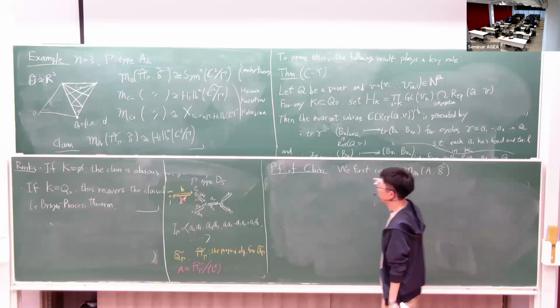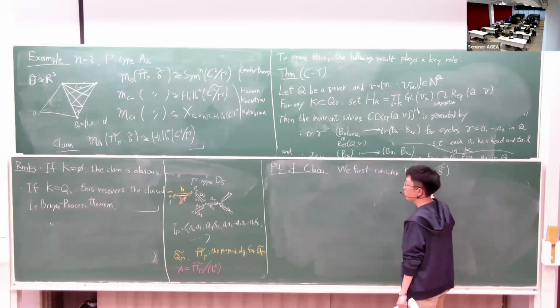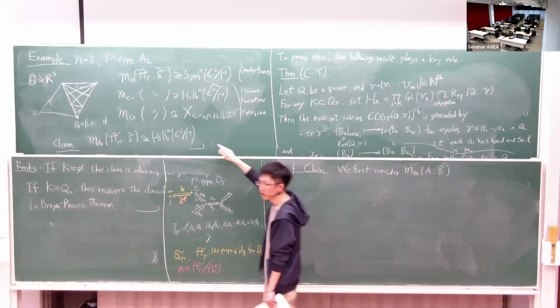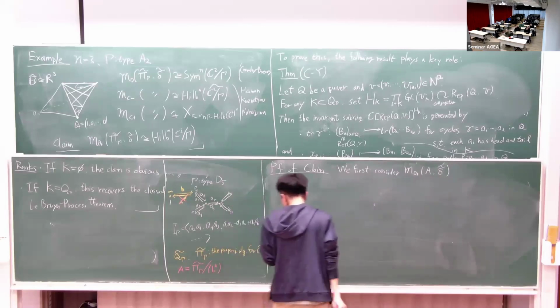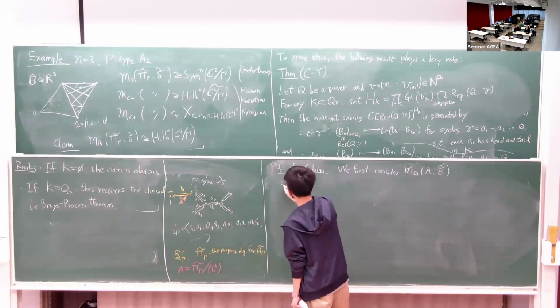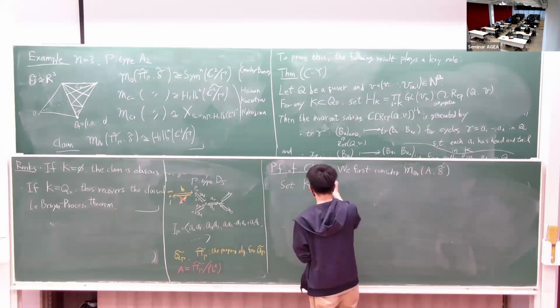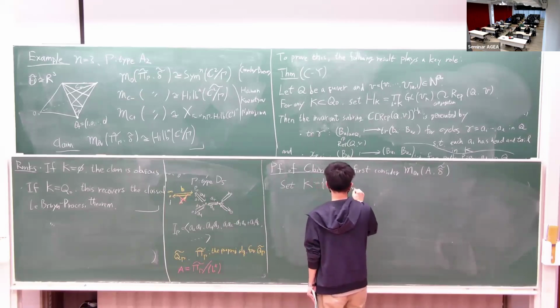So to prove this isomorphism, we first show that this moduli space is isomorphic to this Hilbert scheme. In order to apply the result here, we set K from rho 1 to rho n.